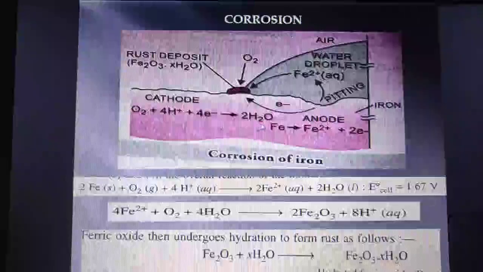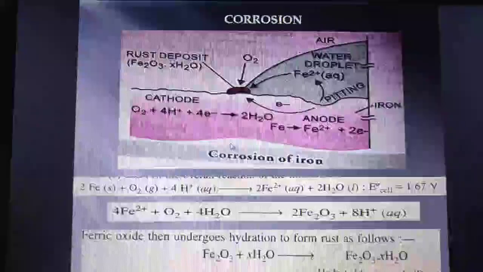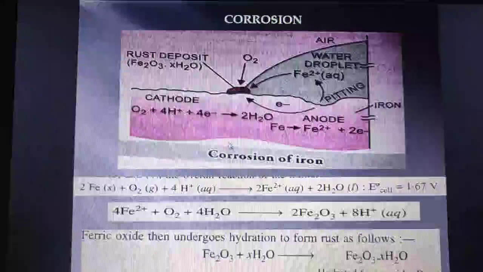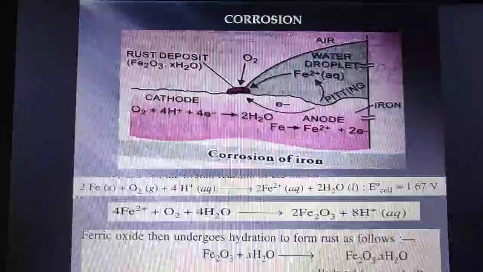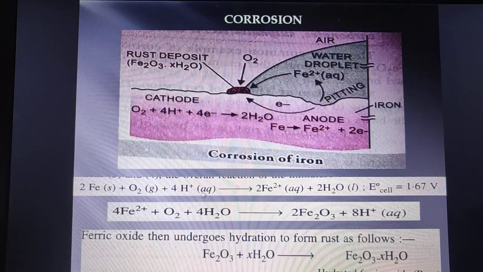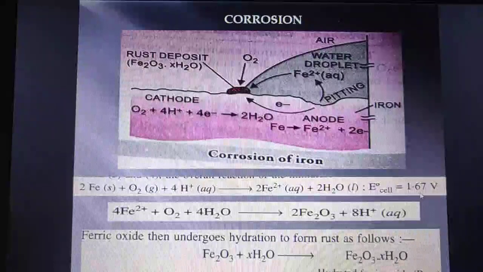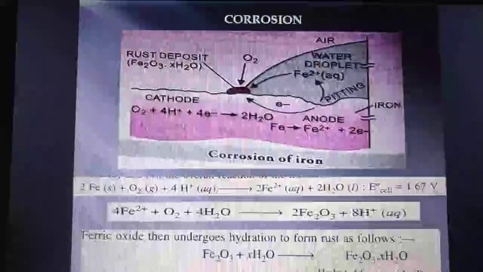This is the cathode reaction. Now, the overall reaction for the corrosion can be written as iron plus oxygen plus H plus ion giving rise to ferrous ions and water. The E cell for the reaction is 1.67 volt.